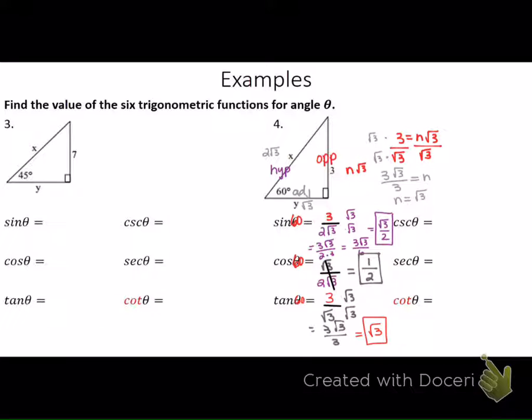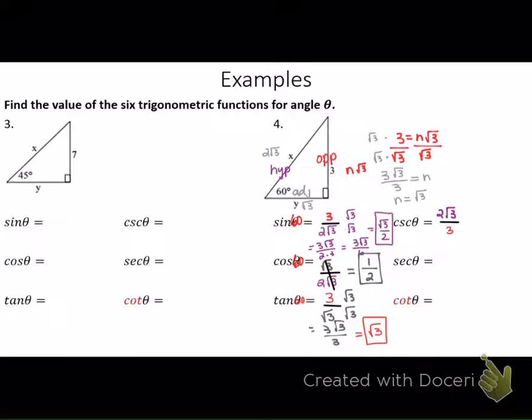Okay, so then we do the flips of those. It's important that you're thinking about the flips in the easiest way possible. If I were to flip this one here, would I have a radical in the bottom? No. So does it make more sense to flip this one? Yes. So that would be 2 root 3 over 3.